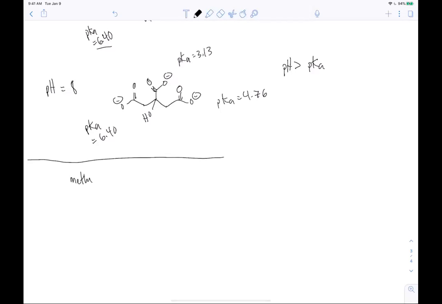It doesn't matter which one we're looking at. I'm just trying to give you some idea what's going on here. Methyl yellow looks like this. You're not going to have to identify these structures on an exam. I'm just trying to give you some idea of what these dye molecules look like.